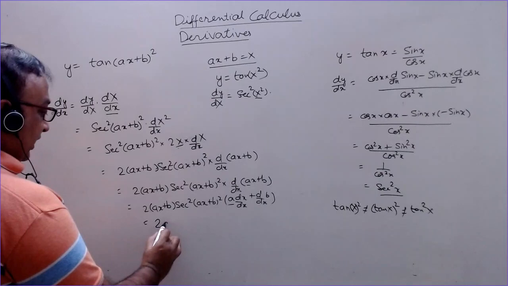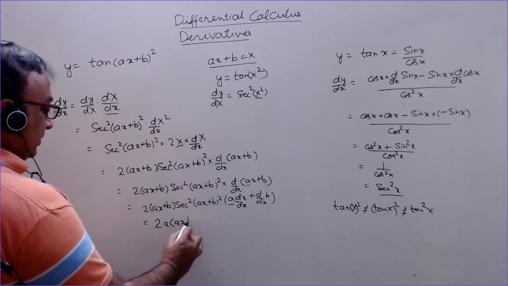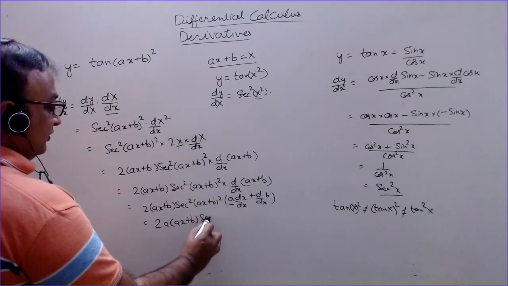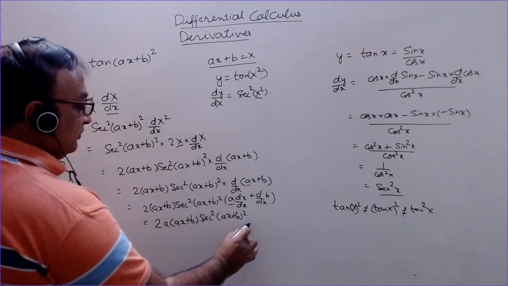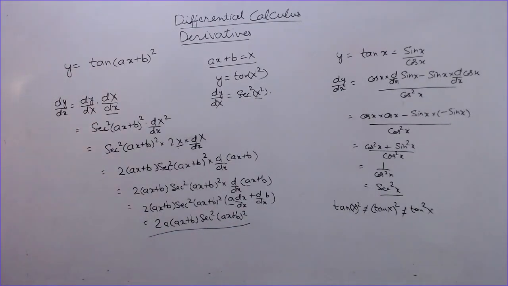So the answer is 2a (ax plus b) sec square of (ax plus b) whole square. This is the answer to this question, and this is how you can use the chain rule. In case we have more than one variable involved, the chain rule has to be used.